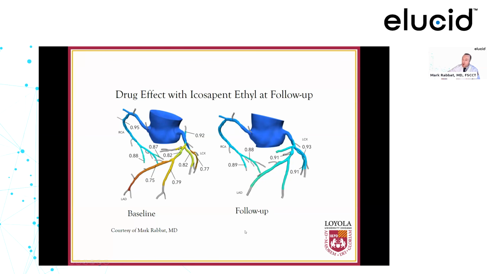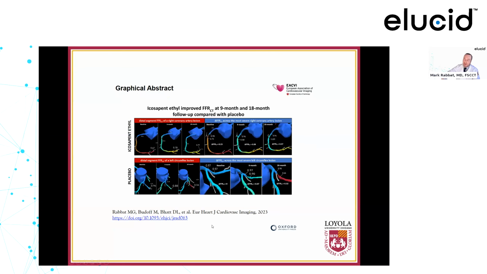So I started to see this signal in some of my other patients. So we decided to study this formally using data from the EVAPORATE trial. And what we were able to demonstrate was all of these patients underwent a baseline, 9-month and 18-month CT scan. We performed FFRct on these patients.